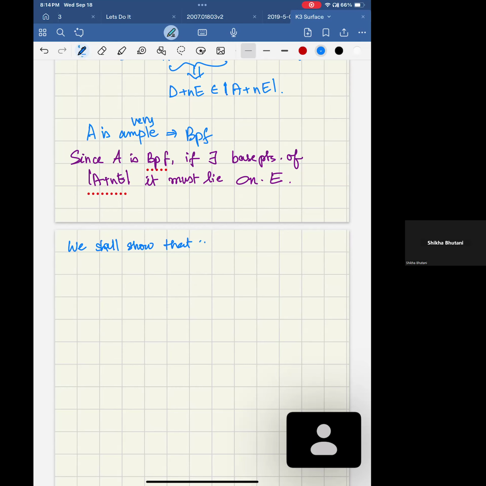So we shall show that corresponding to every point P on E, there exists a D inside the linear system which does not pass through P. Correct?